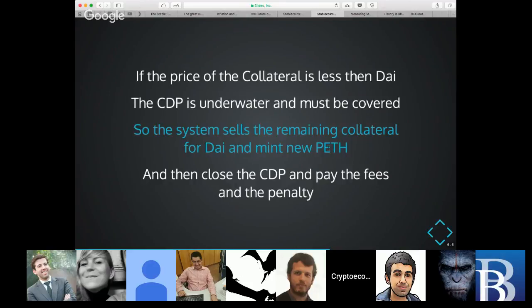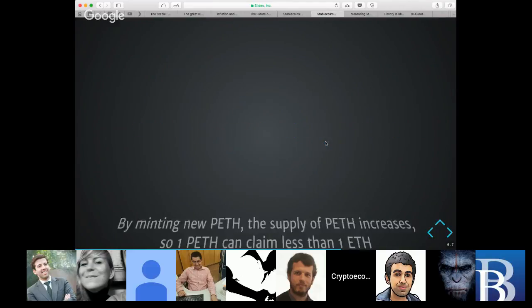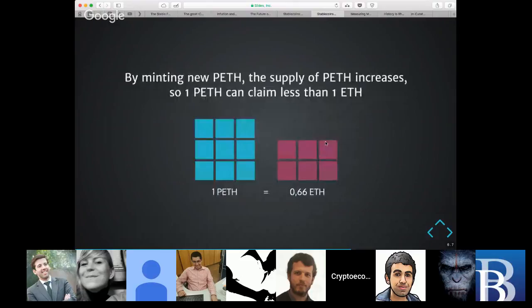This new Ether is, as you can see, a PETH, right? Which is a token that they are providing to the system. But in doing so, they're also modifying the supply of PETH, of pooled ETH. And so they are increasing the supply. So in the end, one PETH can claim less than one ETH.